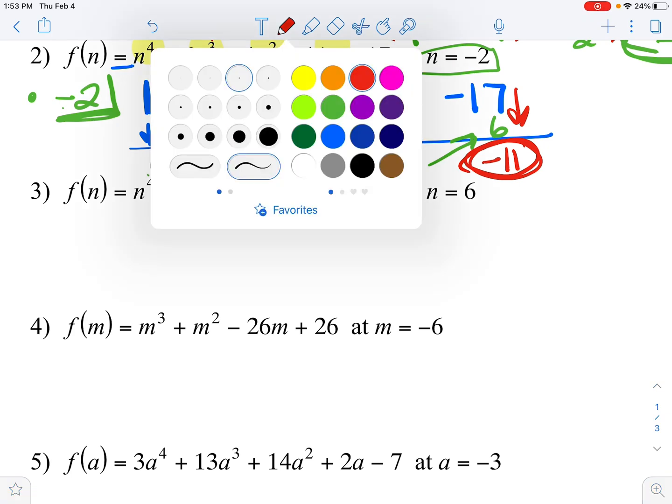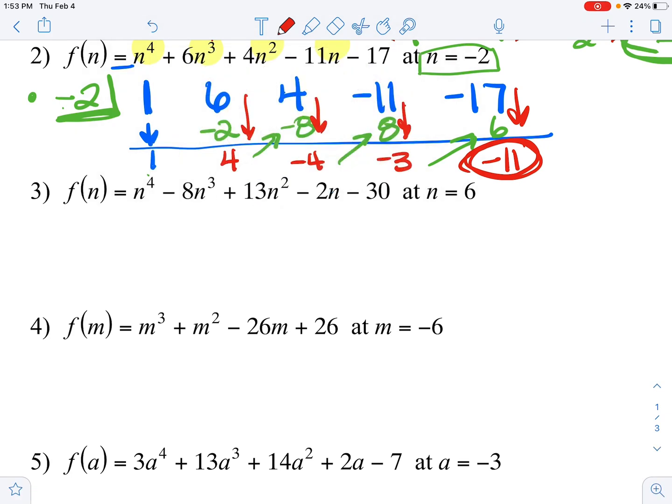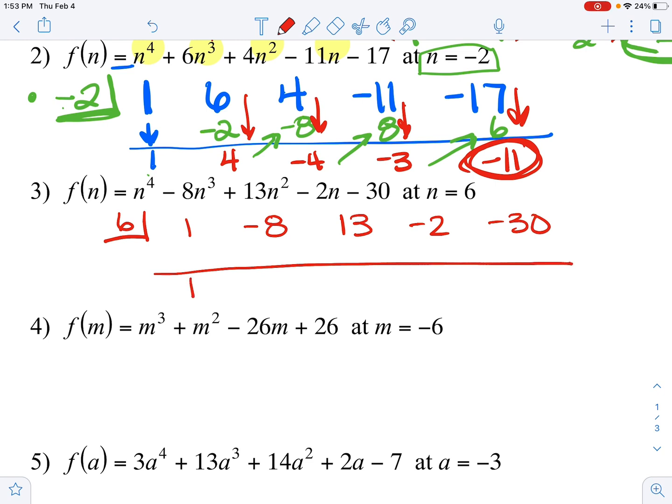Let's do it a little bit faster. So 6 goes in the box. We have 1, negative 8, 13, negative 2, negative 30. Bring down, multiply, add, multiply, add, multiply, add, multiply, add.